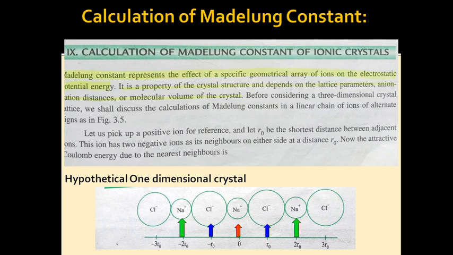Now at double that equilibrium distance, twice r0, I again find a sodium ion. Therefore, the zeroth-position sodium ion and the other sodium ions situated at positive 2r0 and negative 2r0, being like charges, have repulsive behavior, and a repulsive electrostatic energy can be calculated.